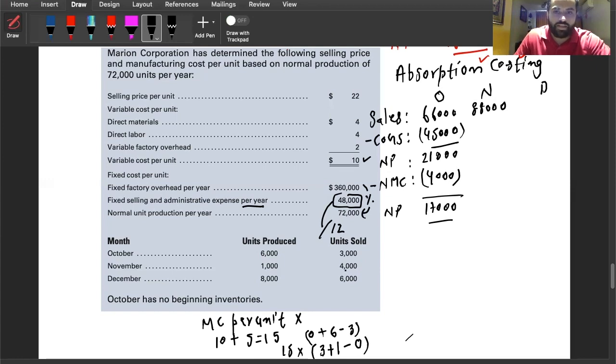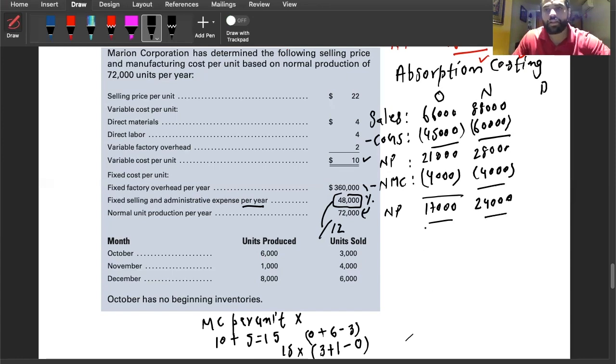So 4,000 multiplied by 15 is 60. Cost of goods sold is 60. So net profit for November is 28,000 minus non-manufacturing, which is the same, 4. So net profit is 24.